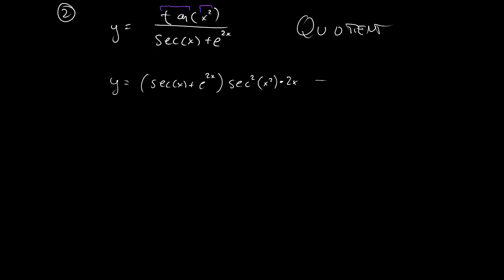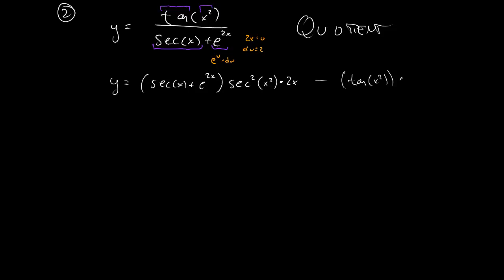And now my high, which is tangent x squared times the derivative of my low. So since I have a plus, I have the derivative of this plus the derivative of that. And inside this part, I have an e to the u times du, where 2x is u, du is 2.